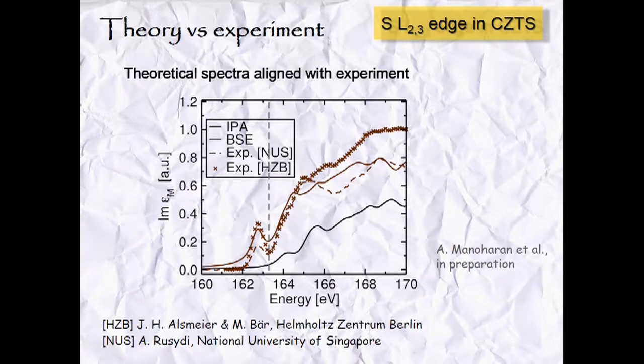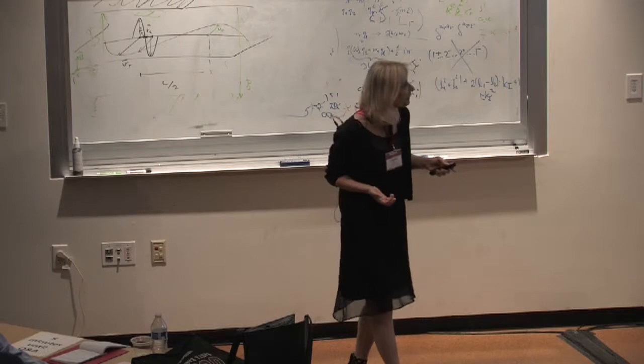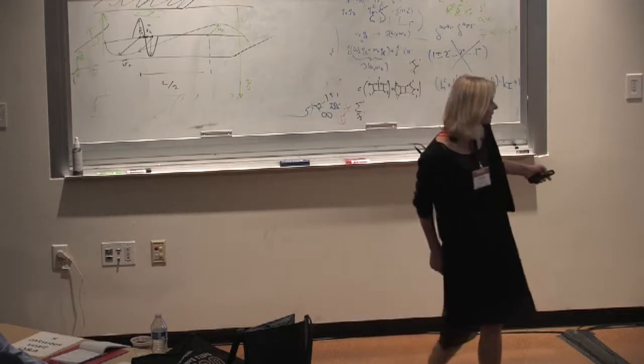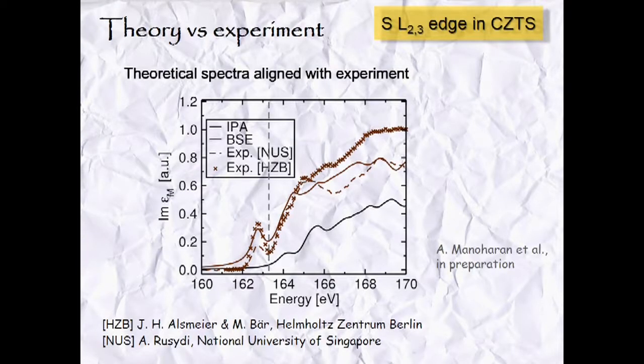So, last but not least, you are interested in how this compares to experiment. I would say not perfect, but also not too bad, because this material is pretty complicated. We have two experiments here, one from the Helmholtz Center in Berlin, and the other one from the National University of Singapore. As you can see, the theory, the result of the Bethe-Salpeter equation, agrees quite nicely with experiments in this low energy range, also in this onset here.